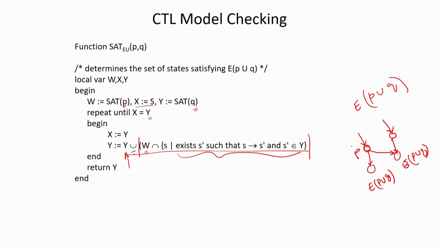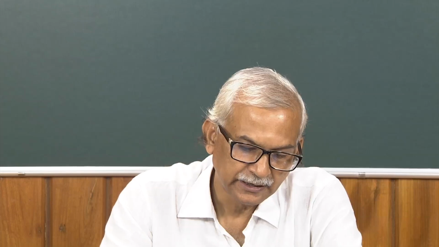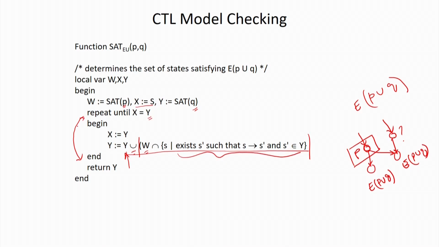That means this particular state will come into the picture, because this is the w union, and what is w? The set of states where p is true. So, this predecessor will come, but this predecessor will not come into the picture. This is the way we collect the set of states where E p until q is true, and we repeat these things until and unless we cannot add any more new states.